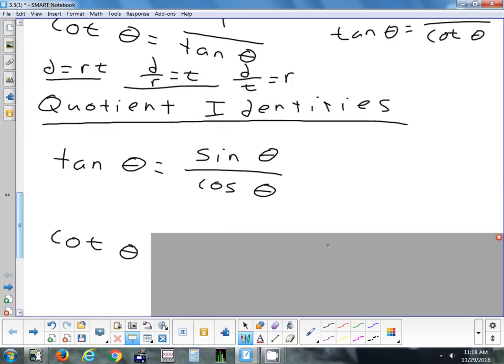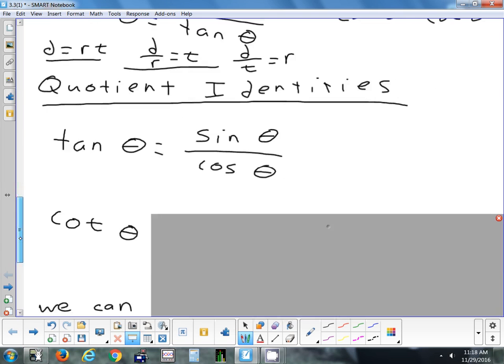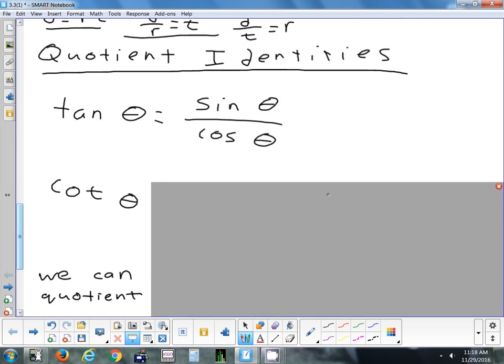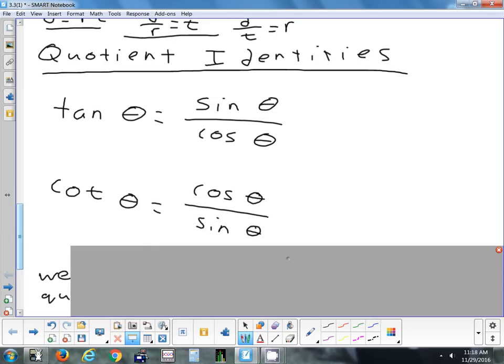Any guess what cotangent would be? You can write it the way I did up above. It's 1 over tangent. That's one way to do it. But how about in terms of a sine and a cosine? Cotangent is cosine over sine. Because remember, tangent and cotangent are reciprocals of each other. You flip one to get the other.